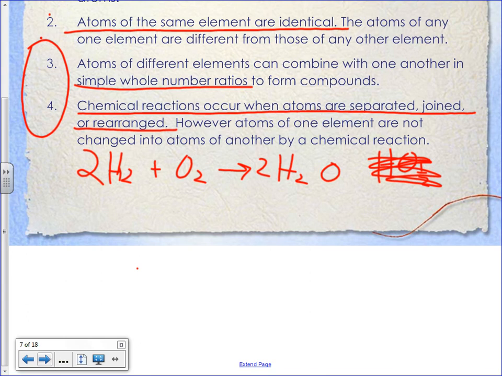For example, maybe they had something like this.